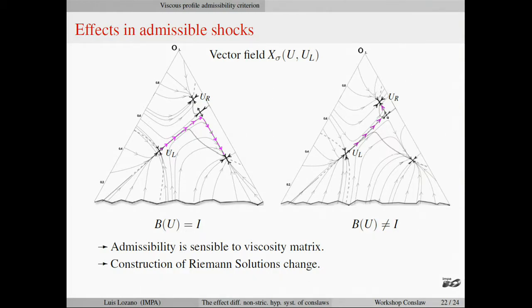In this picture, I draw the vector field for a fixed left state UL and a fixed sigma. We see that if you consider the same vector field and you change the viscosity matrix, for example, this shock is admissible in this case, but when you change the matrix, it's not admissible.